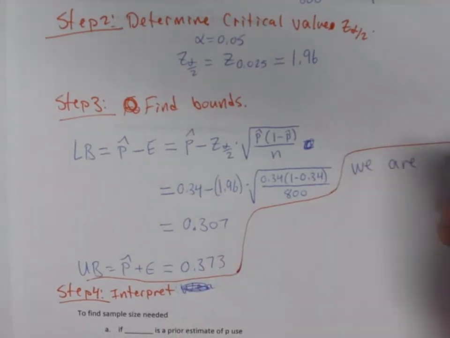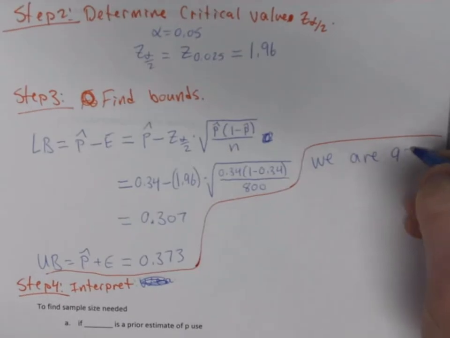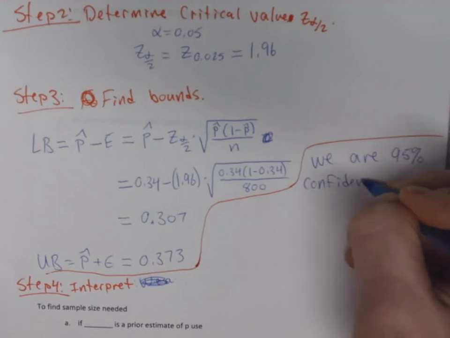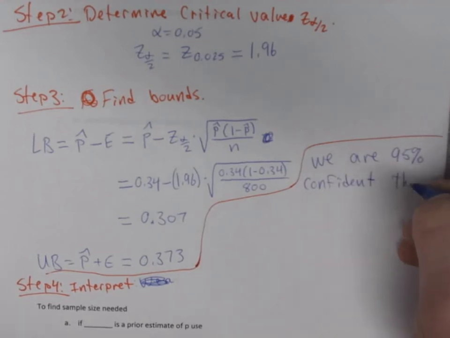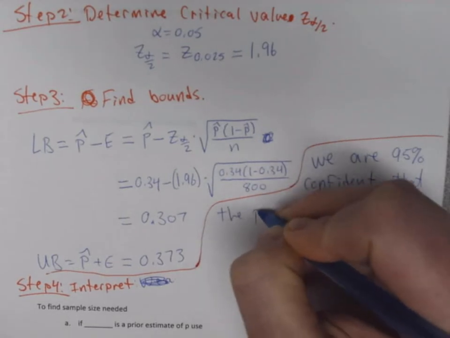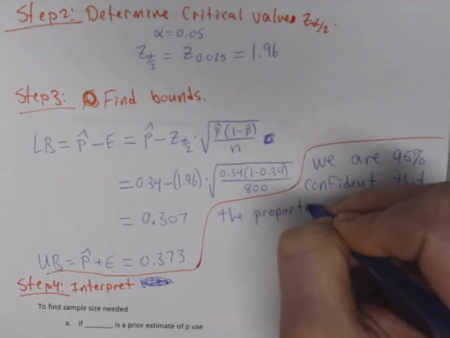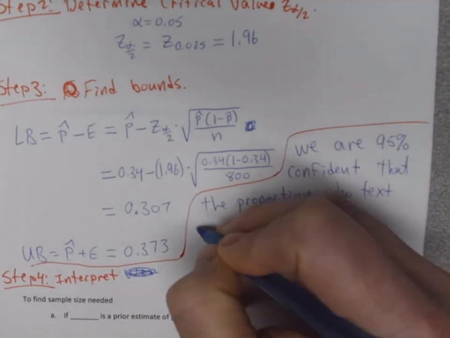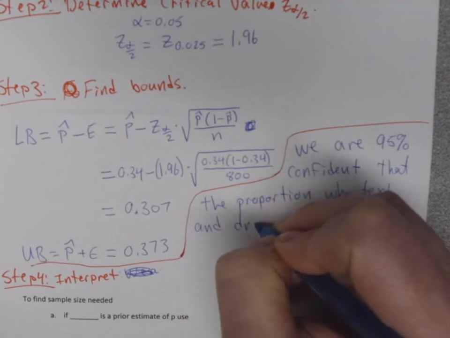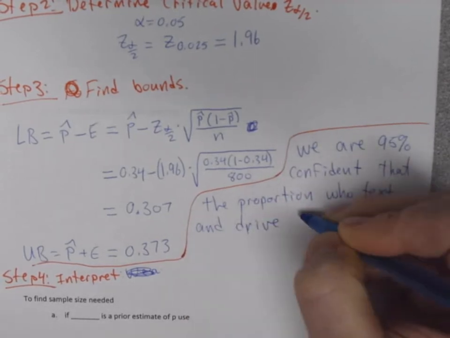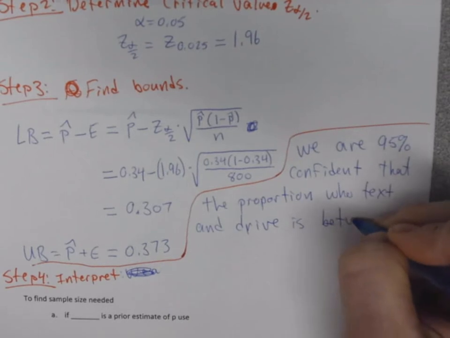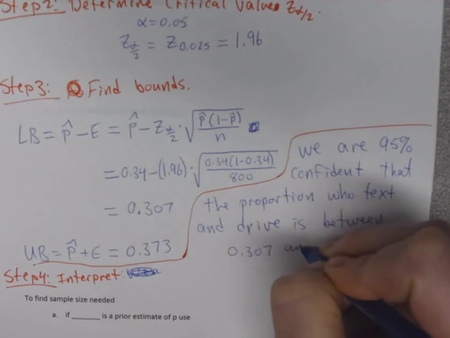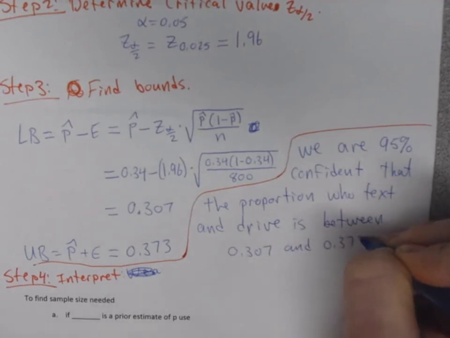We are 95% confident that the proportion who text and drive is between 0.307 and 0.373.